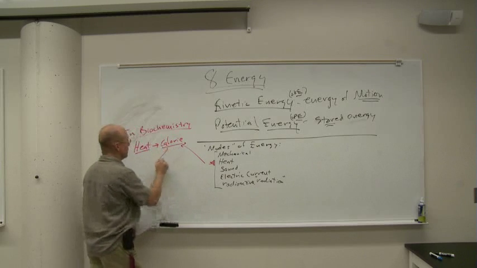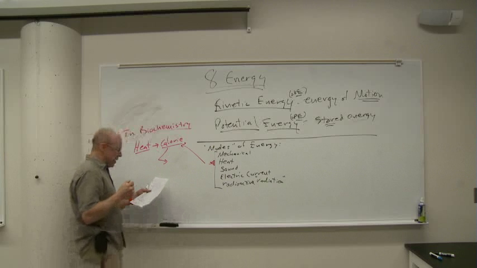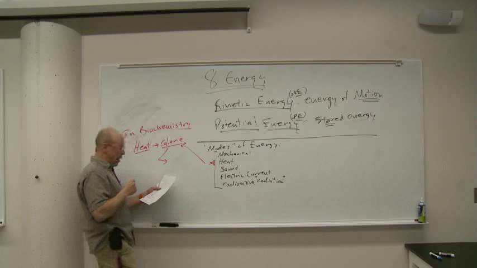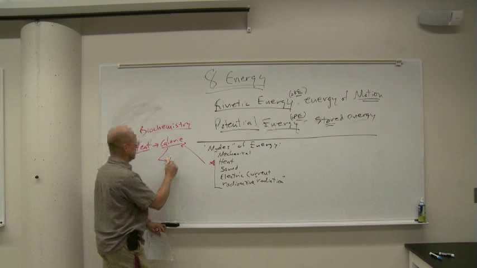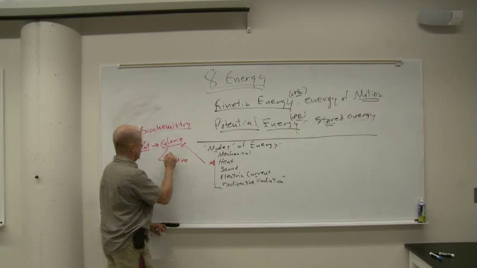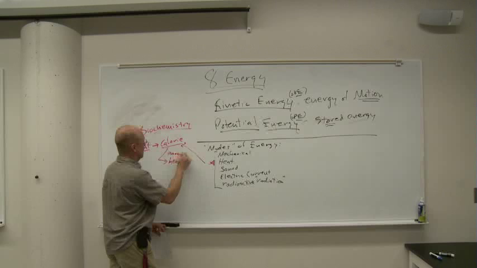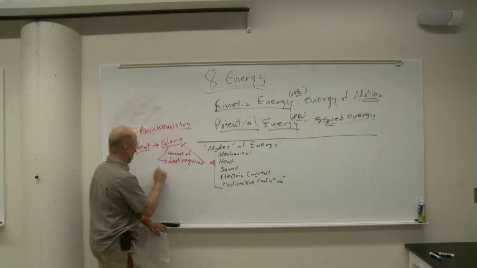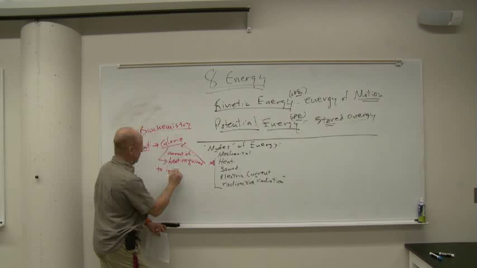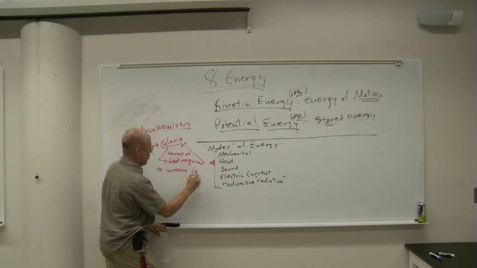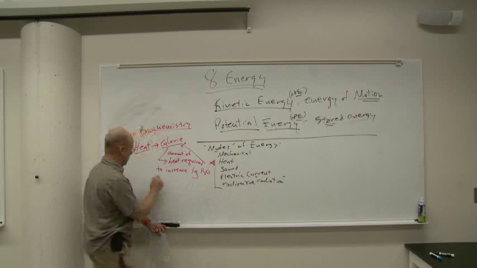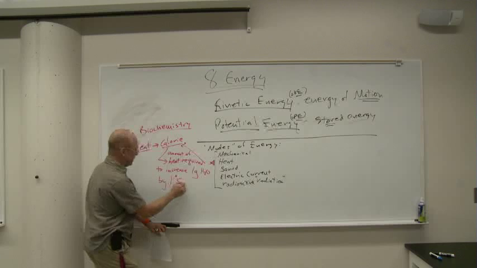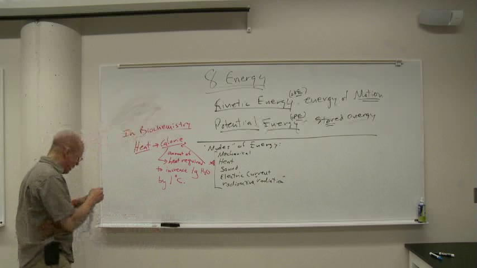The calorie is going to be defined down here as the heat required to raise 1 gram of H2O 1 degree Celsius. So this is the amount of heat required to increase 1 gram of H2O by 1 degree Celsius. That's what a calorie is.